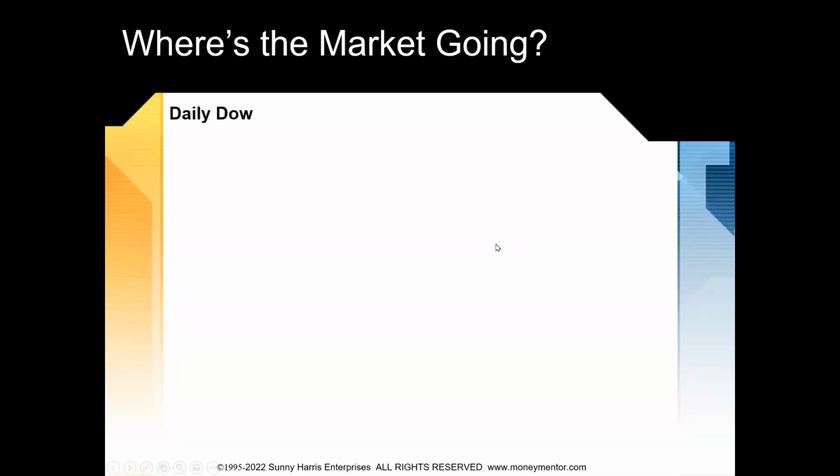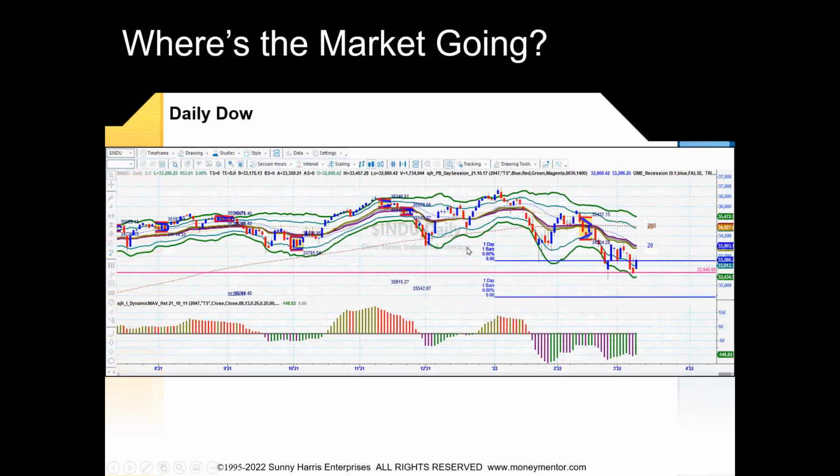So where's the market going? What are we doing now? Let's look at the daily Dow. This blue line right here is 10% down, and you can see, now this is last night again. I don't have a chart for today yet to tell me what happened, but you can see that we were below the 10% line.